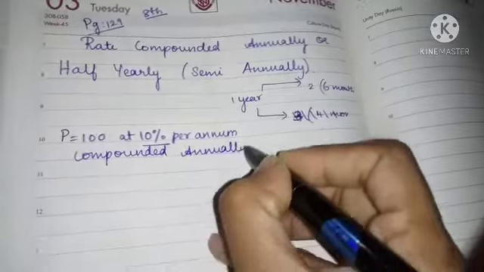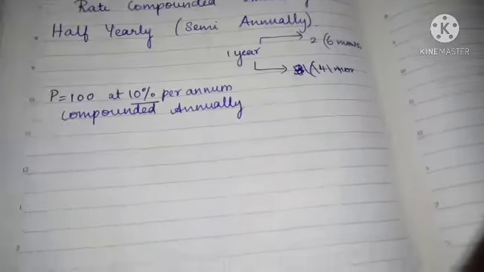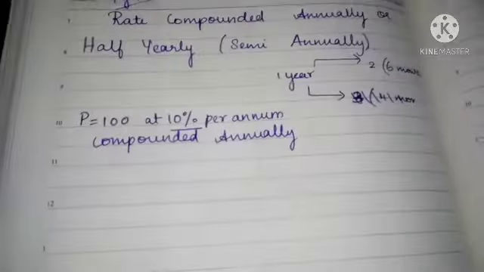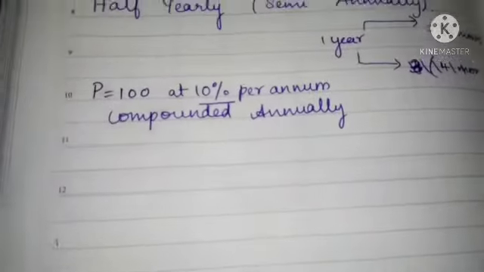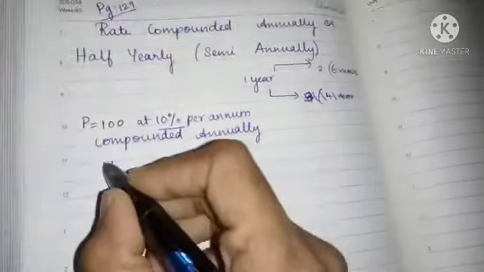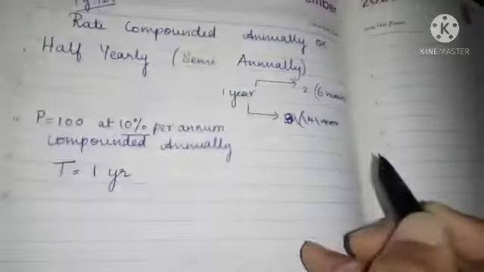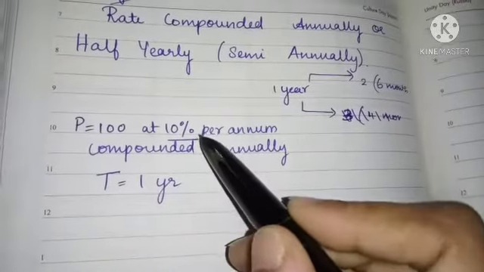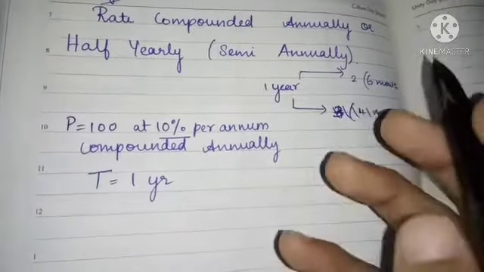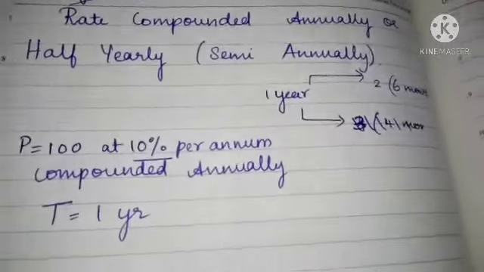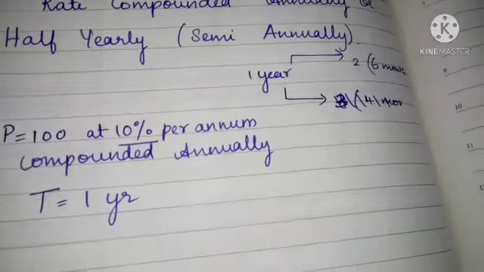You should know the difference between how it is compounded annually and how it is compounded half yearly. They have given the time period as 1 year. T will be 1 year. Compounded annually means we are supposed to pay that interest once a year.